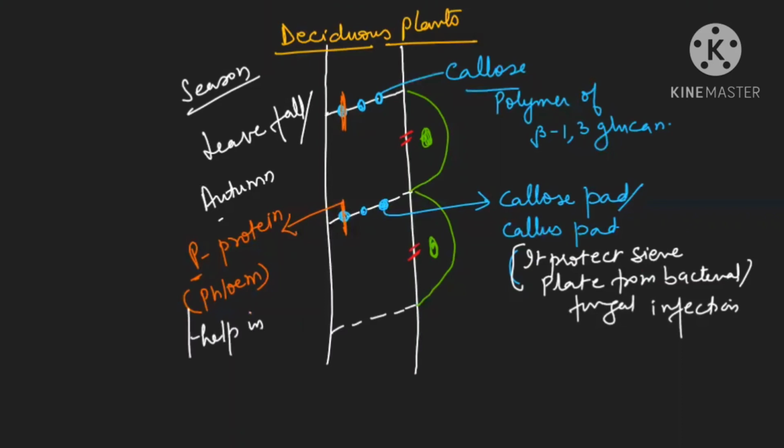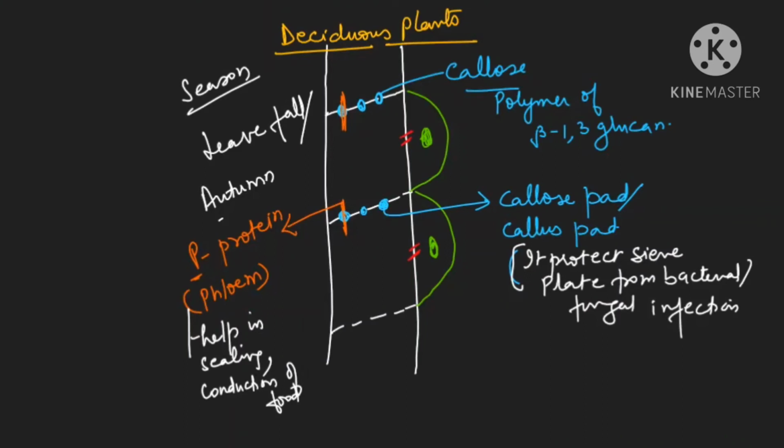They help in the sealing mechanism, sealing also, and they also help in conduction of food at the time of spring season, because at that time they will be opening the callus plug. For opening, you can imagine you're using a broomstick to open the pores there. So this is additional information with respect to your competitive point.